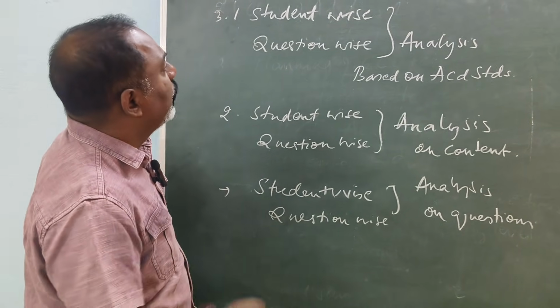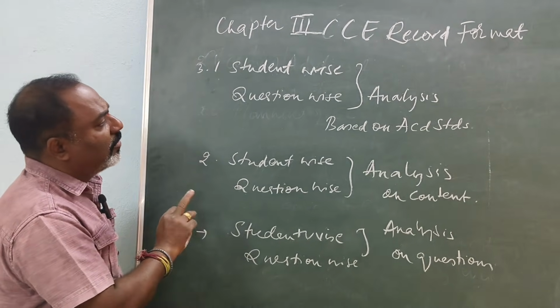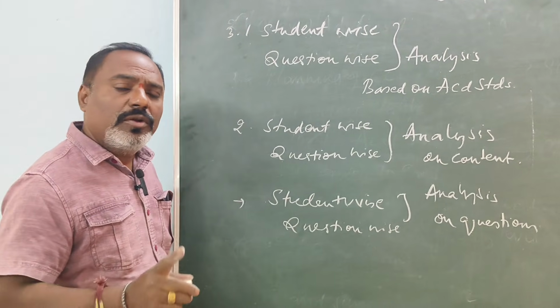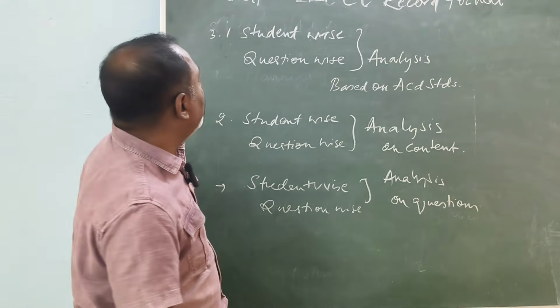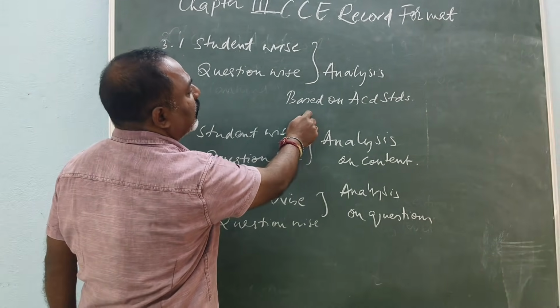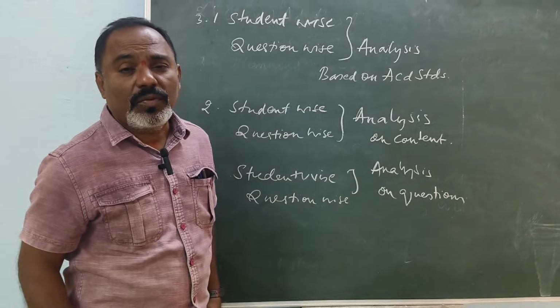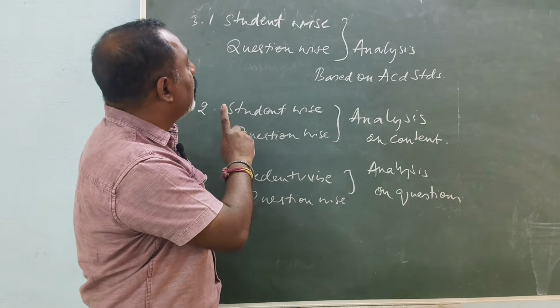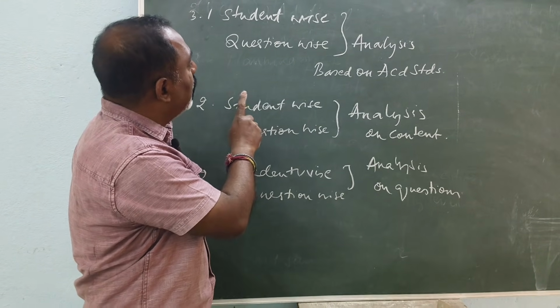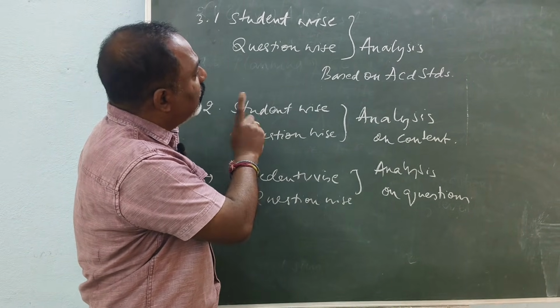In the third chapter, it should include student-wise as well as question-wise analysis. This includes big tables. First, it should be analysis based on academic standards: student-wise, question-wise, what are the achievements of the student as well as question-wise.